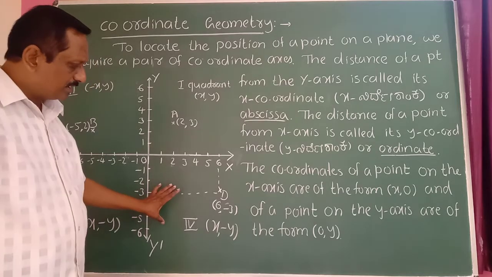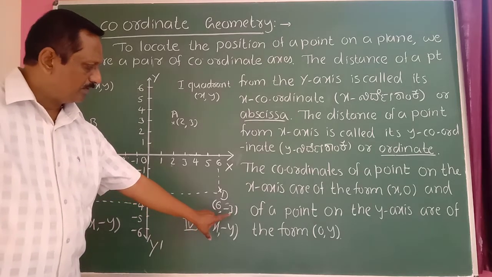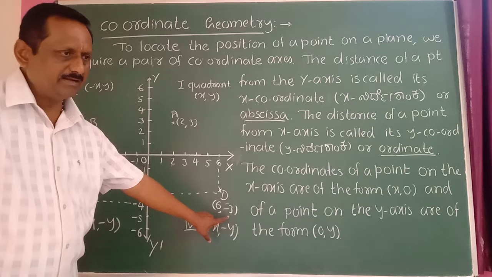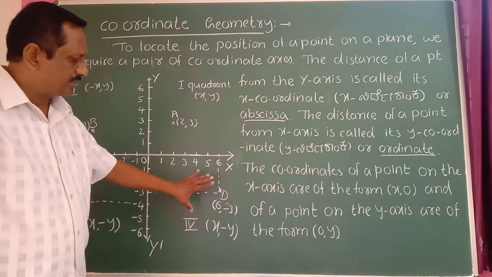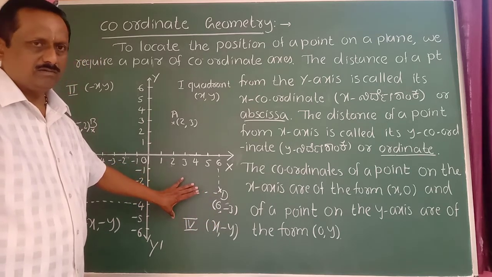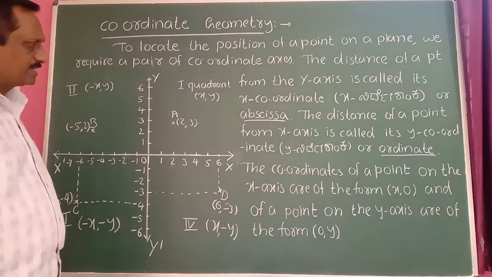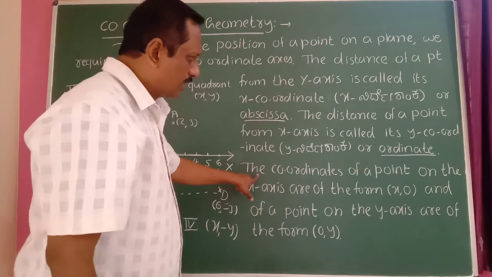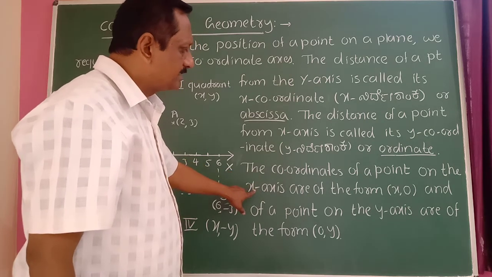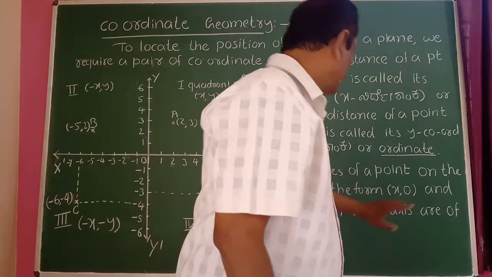In the fourth quadrant, x is positive and y is negative. Remember it here: if it is positive and negative, it comes under the fourth quadrant. Therefore, if you choose any point on the x-axis, the coordinates of a point on the x-axis are of the form (x, 0).